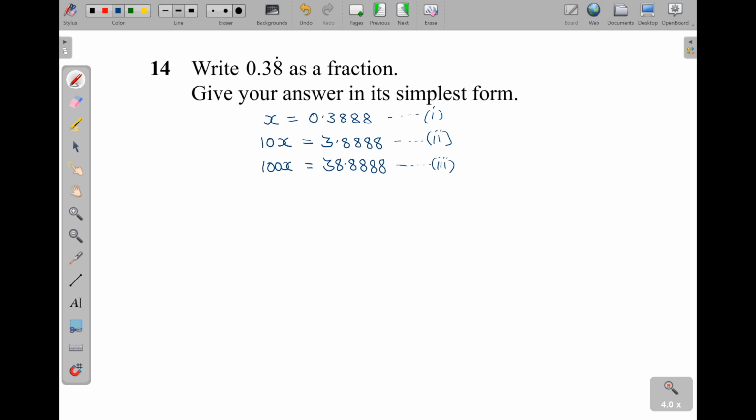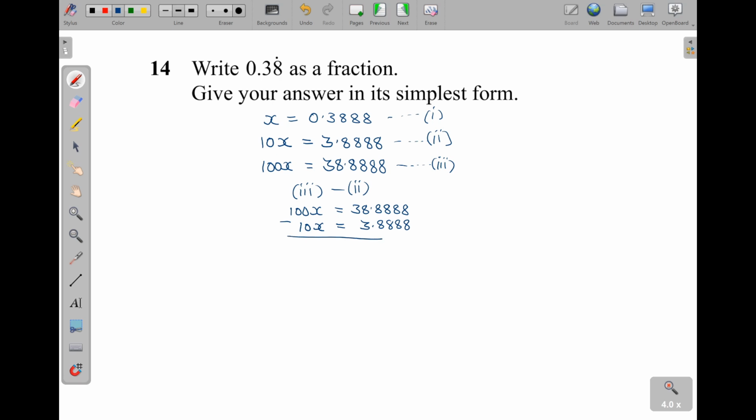Then from there, I take equation 3 and subtract equation 2, such that the recurring part goes. So we shall have 100x, which is equal to 38.8888, and then 10x, which is equal to 3.8888.